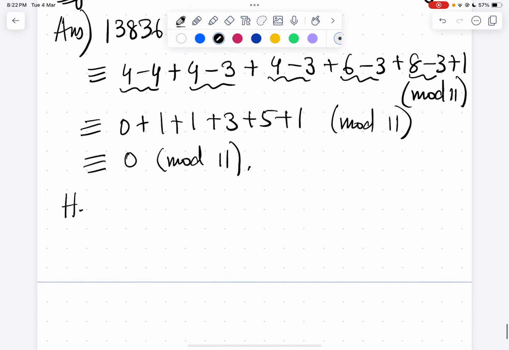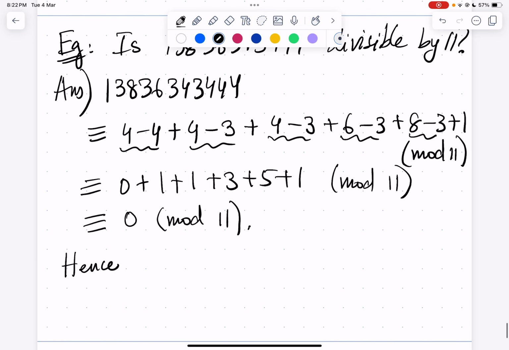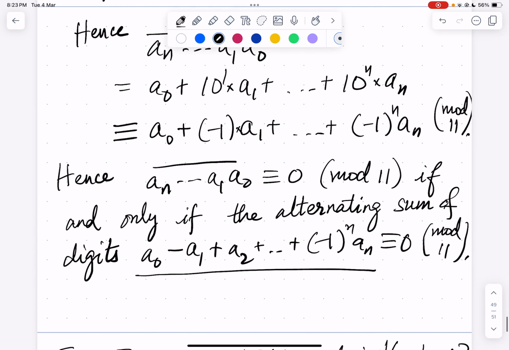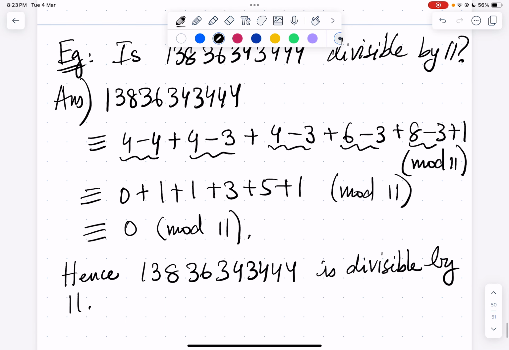Hence, the big integer is divisible by 11. Okay. That's all for this part. See you in the next part.